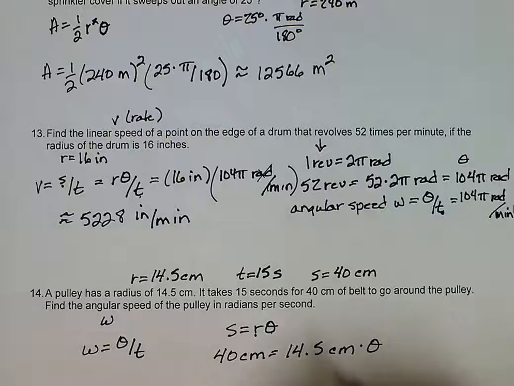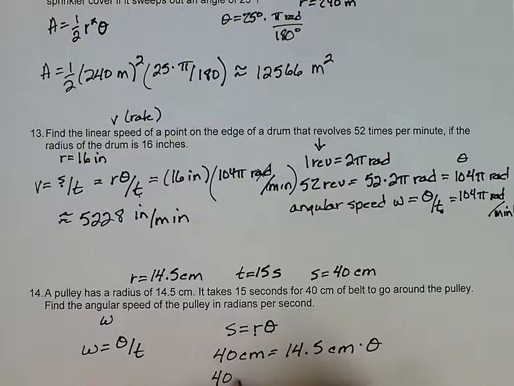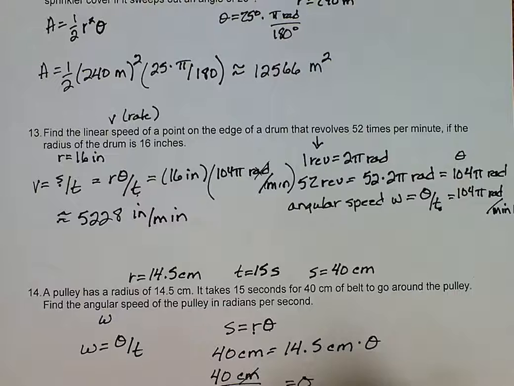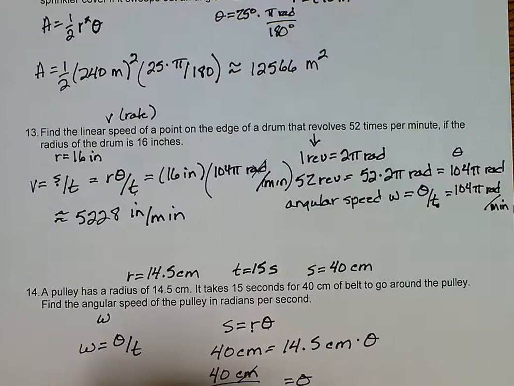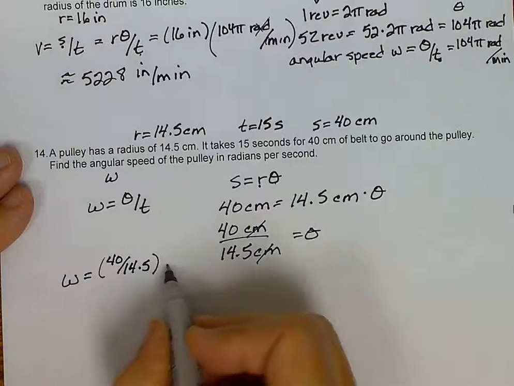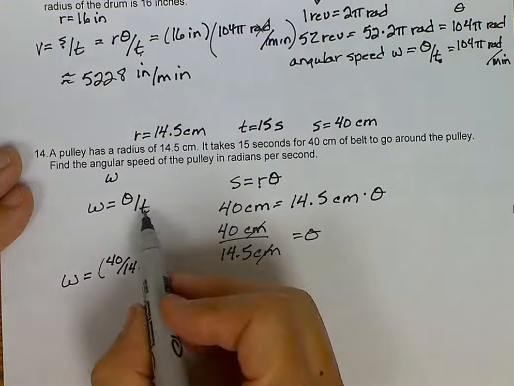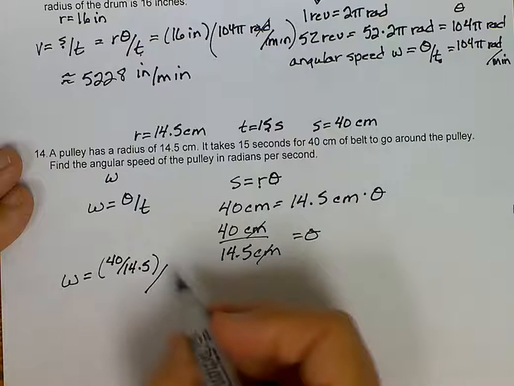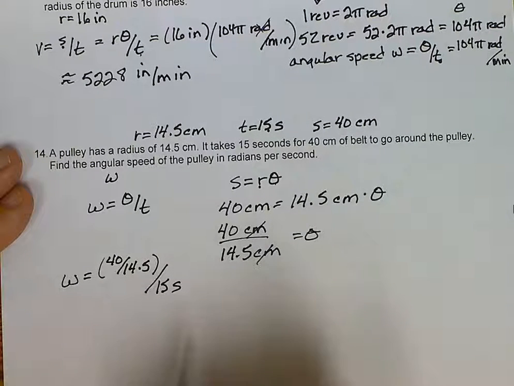So all we have to do is divide the 40 by the 14.5 to get our theta. And our centimeters cancel out, which is good because this is supposed to be in radians. Theta is 40 divided by 14.5. And to get our angular speed, we want to divide that by the time we had, which was 15 seconds.